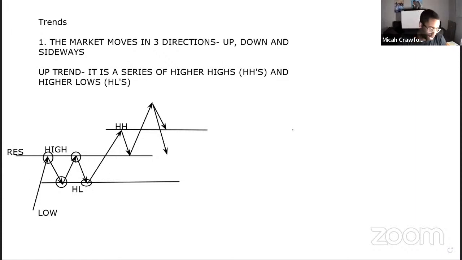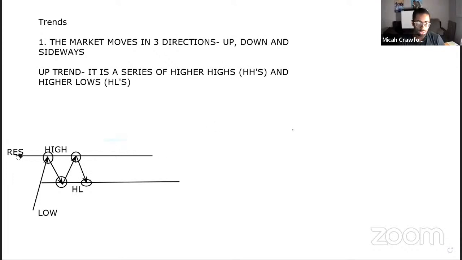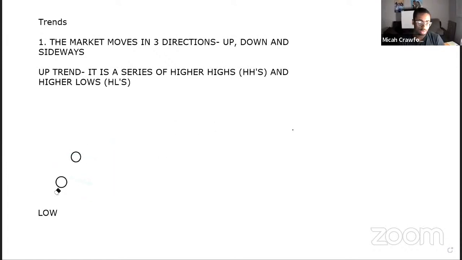All right, so now let's talk about a downtrend. A downtrend is the opposite.